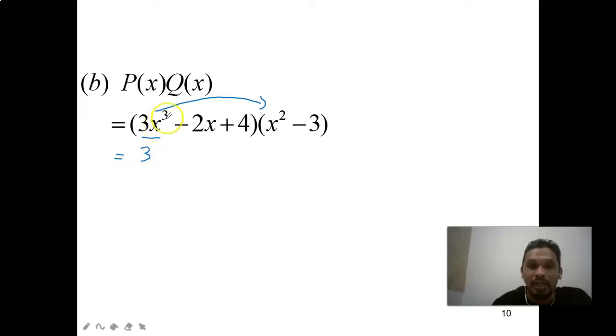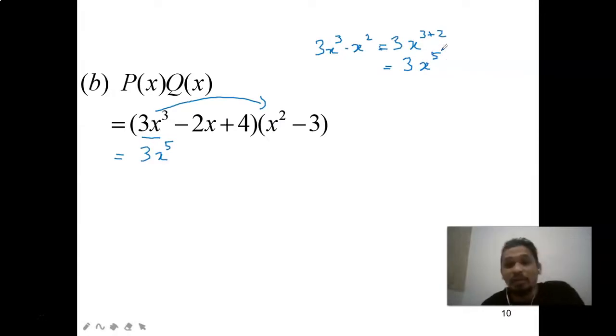Don't forget, in topic 1 we discussed the indices: 3x cubed multiplied with x squared, x to the power of 3 plus 2, equals 3x to the power of 5. Just to remind all of you.